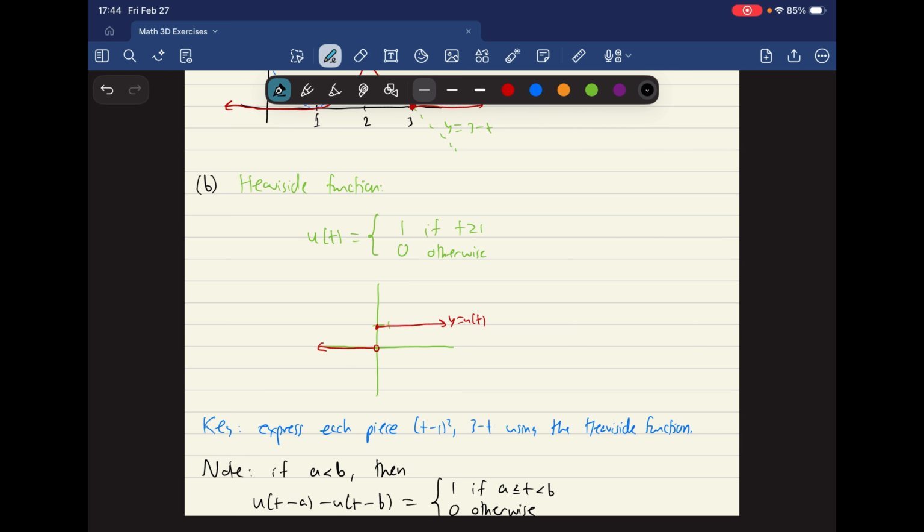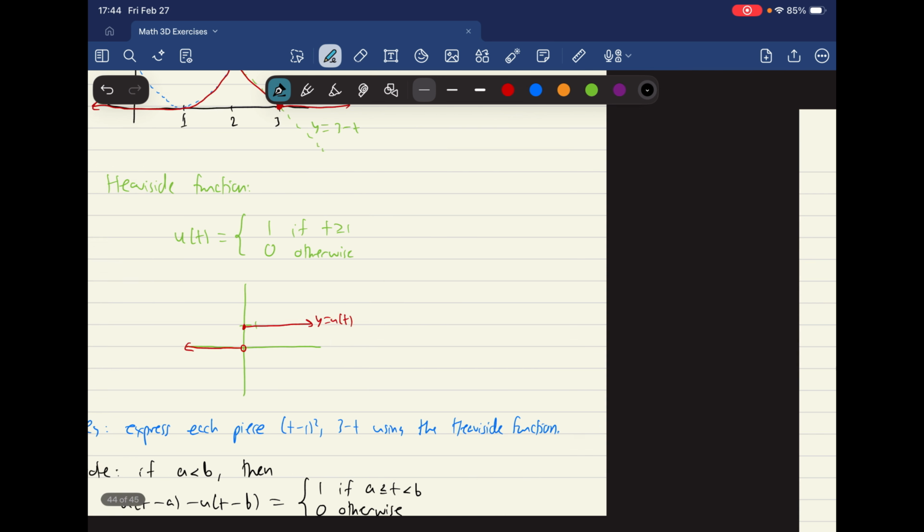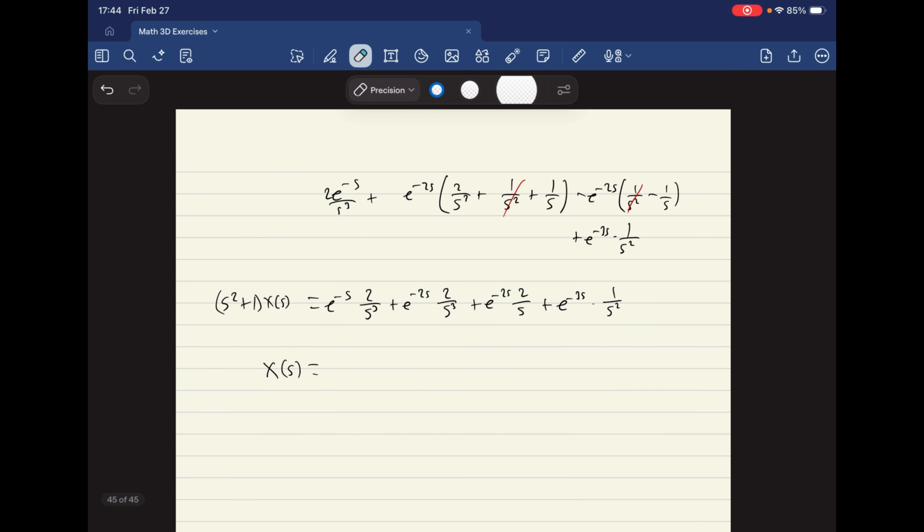The reason this is useful is because you might notice, and oh, here, let me erase this. This is for part C.